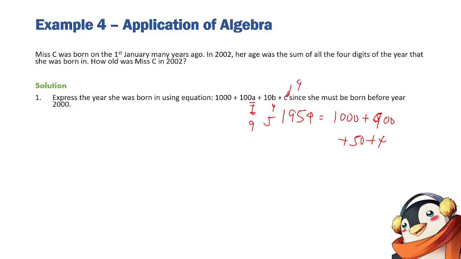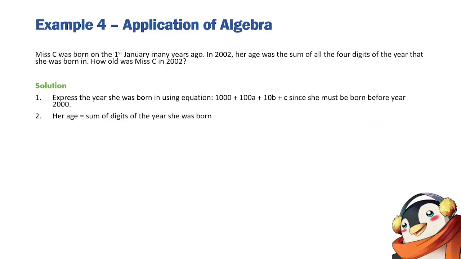Okay, so again, this is just a recap. Then you have age equals sum of digits of the year she was born in. So basically you have the equation of the year she was born. So you want to find somebody's age, right? You take the current year minus the birth year.